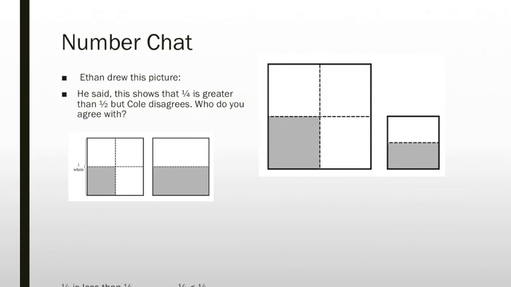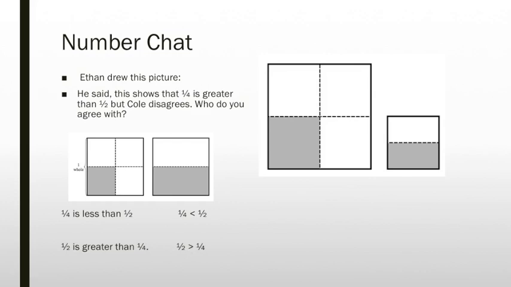So just a quick review of how he'd say that. Cole might have said that 1/4 is less than 1/2, just using those words less than, or we could have used the less than symbol, which we would say the same way. 1/4 is less than 1/2. Or he also could have told us that 1/2 is greater than 1/4, and we could have also written that out using our symbol to compare 1/2 and 1/4.